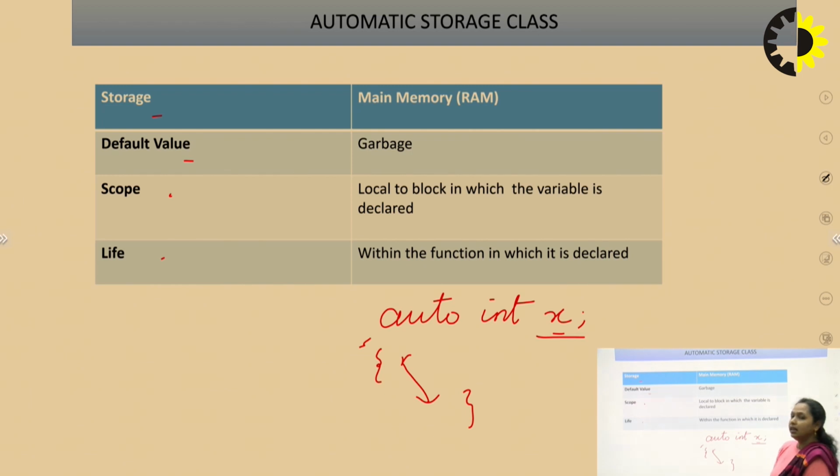And last is the life: within the function in which it is declared. If you have a program in which various functions are present, in that case it can only be accessed where it has been declared. You cannot call or utilize this value of x in another function. So let us discuss it with a program.